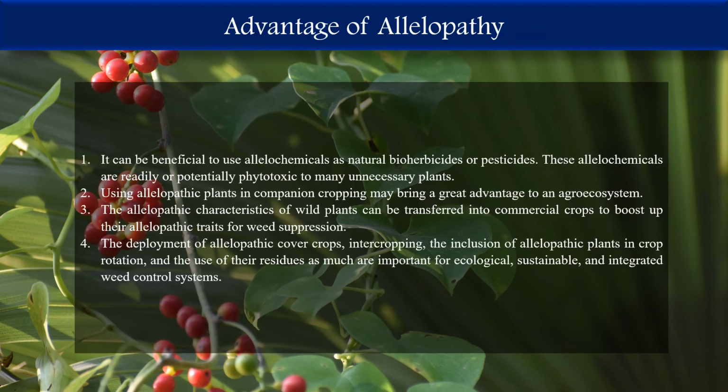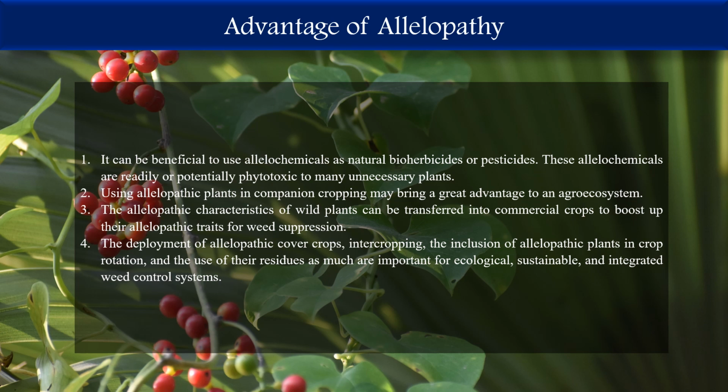So, advantages of allelopathy. There are many advantages and sometimes it has cons. I mean it has two sides of a coin, pros and cons. So, as you can see, these are some of the pros as advantages. Allelopathic plants can be used to obtain natural herbicides and pesticides.